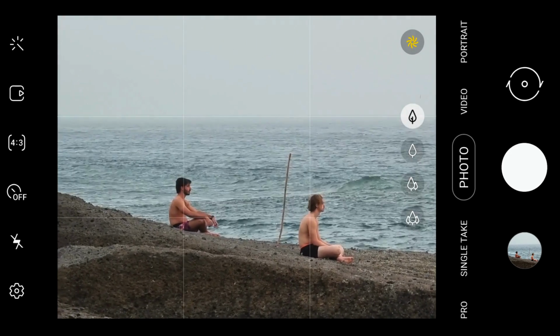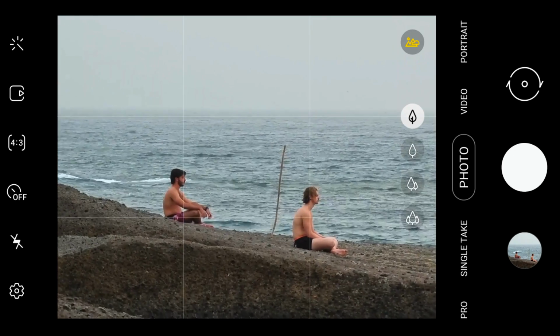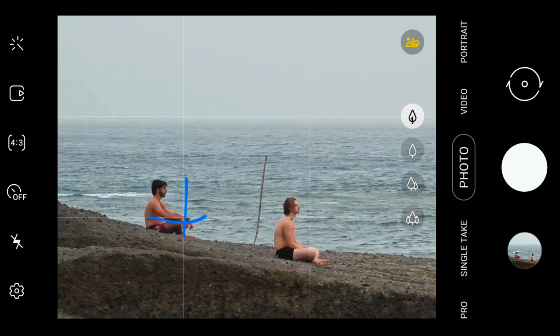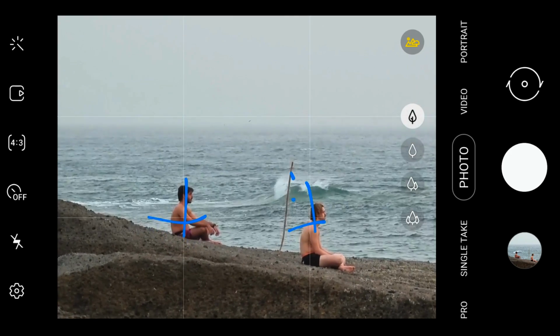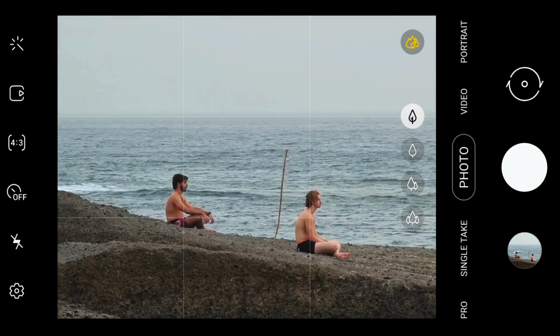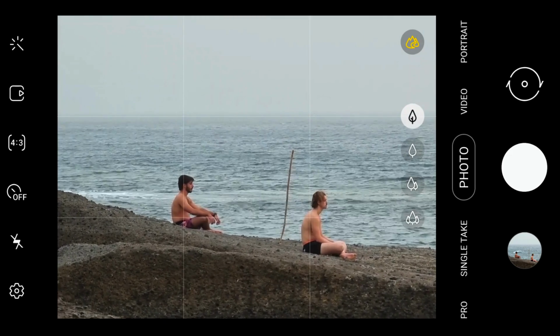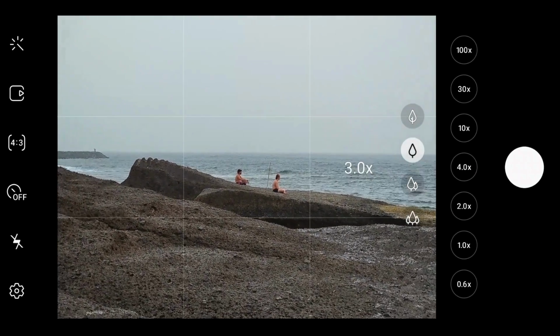And then I'm using these subjects here at the intersections. Do you see how they're at the intersections of the bottom over here, sitting? So this one's not quite at the bottom, but both of them are on this beautiful lineup of the rule of thirds. Now if I use a different lens, straight away that doesn't happen.